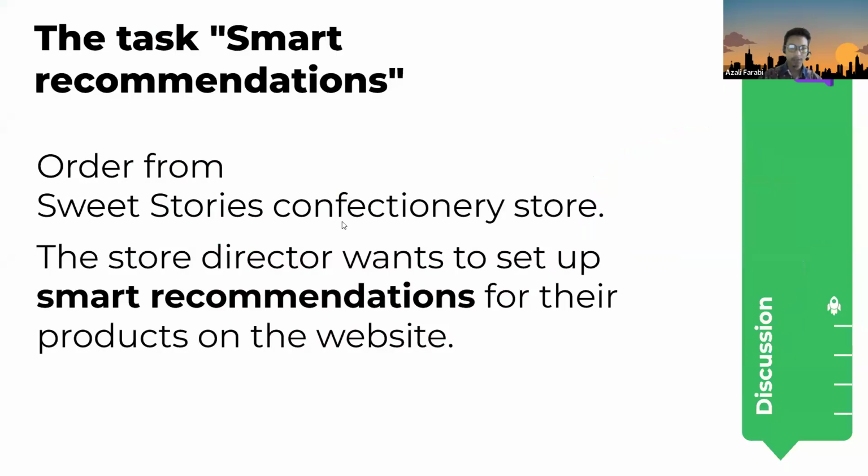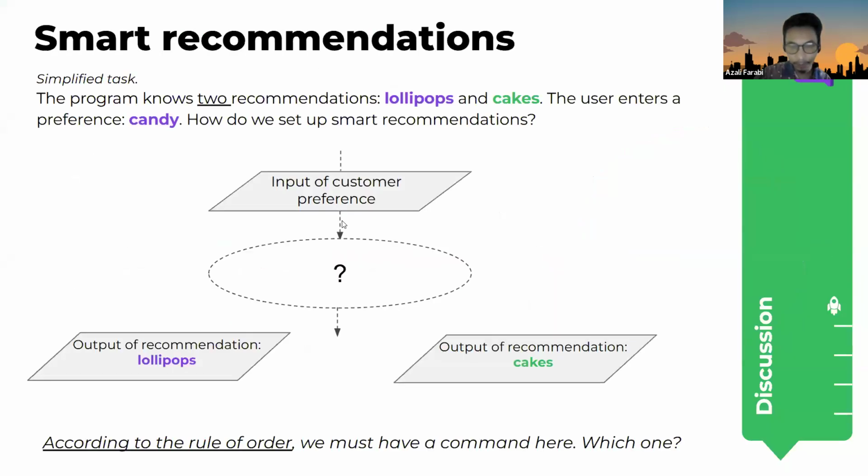This is the kind of problem that we will be able to solve once we have learned this, Brian. We have a program called Smart Recommendations, and the program knows two recommendations: lollipops and cakes.